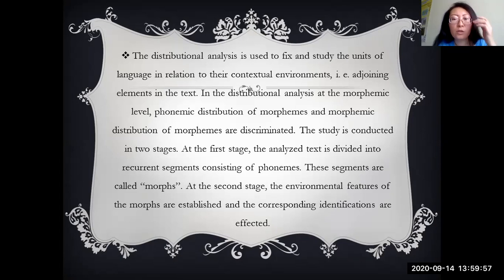At the first stage, the analyzed text is divided into recurrent segments consisting of phonemes. These segments are called morphs. At the second stage, the environmental features of the morphs are established and the corresponding identifications are effected.